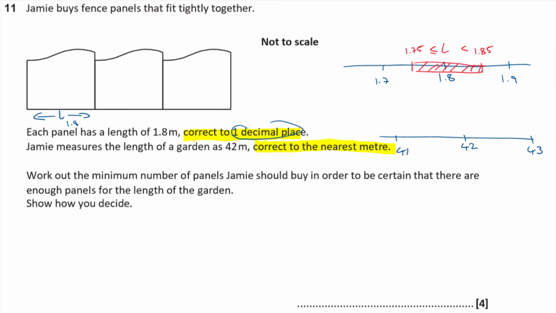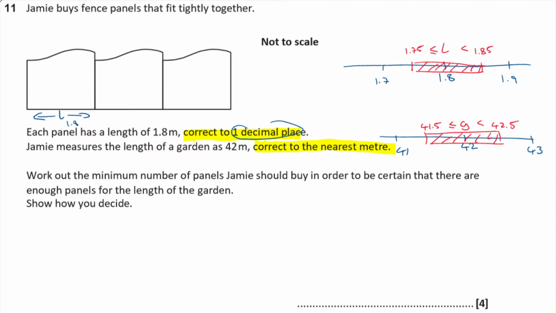So the values that round to 42 are halfway between 41 and 42, which is 41.5, and the other boundary is going to be 42.5. So G, the length of the garden, is greater than or equal to 41.5 and less than 42.5.